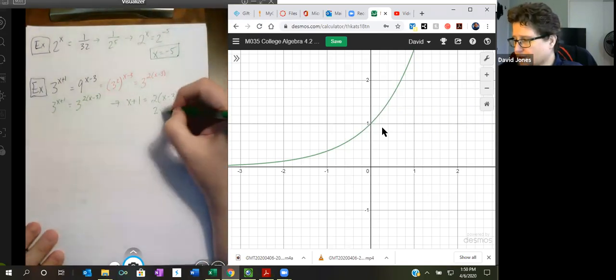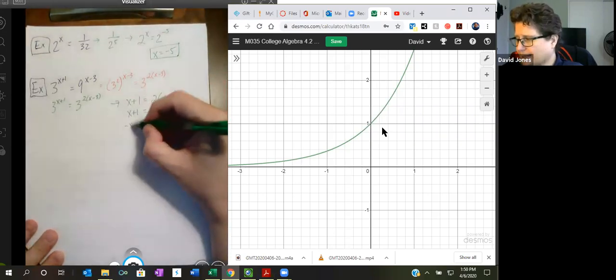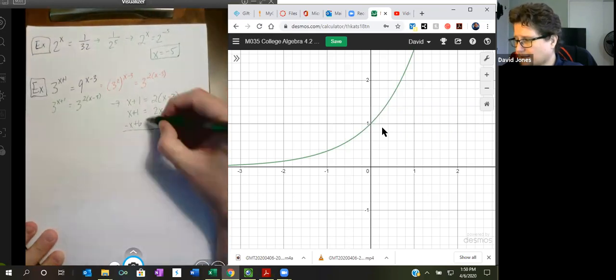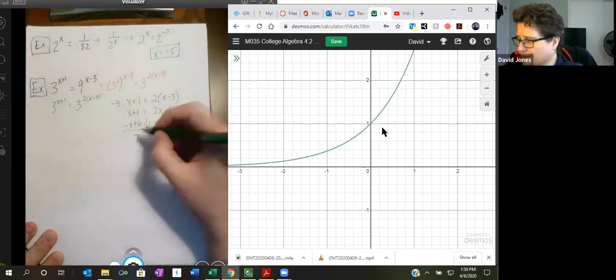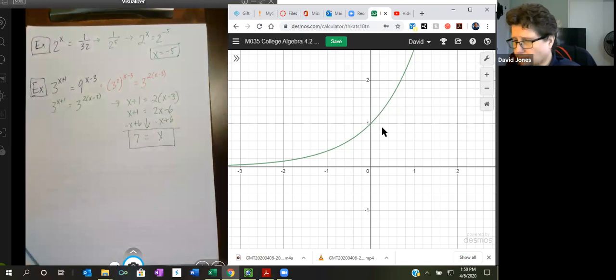We distribute our 2. We'll gather the x's on one side and the constants on the other. And I get x equals 7. Not too bad, right?